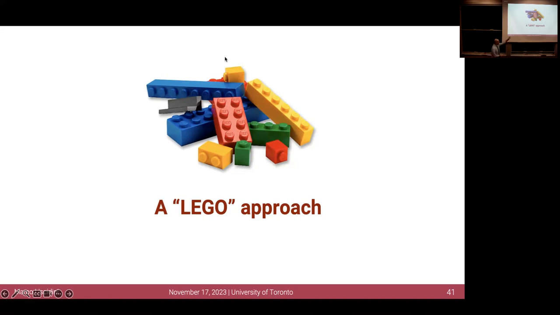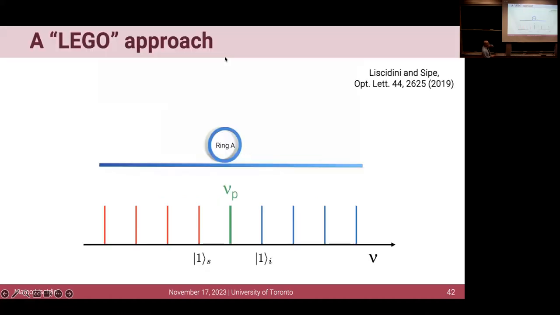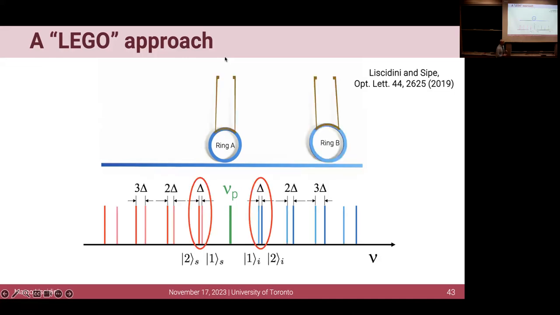So we use the Lego approach, and the idea is the following. This is a work that we came up with John a few years ago. The idea is, I take a small ring with a certain free spectral range, and then I take a second ring with a slightly larger radius, and then I use a thermal shifter to align one of the resonances of the two rings.